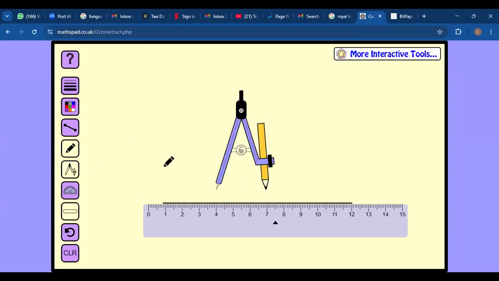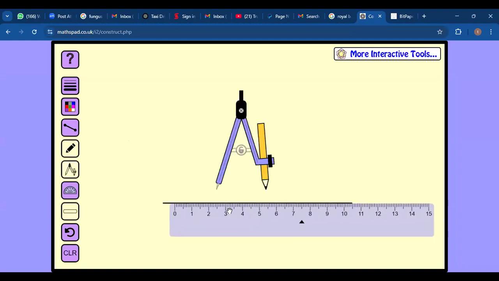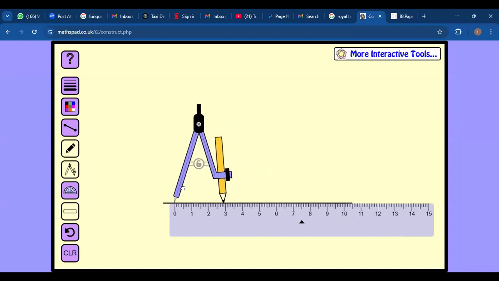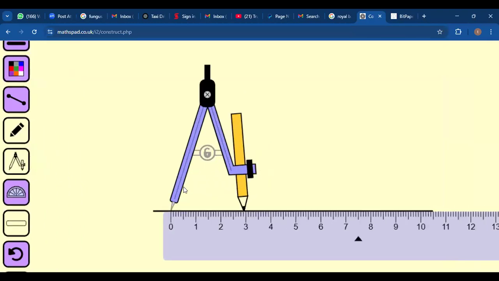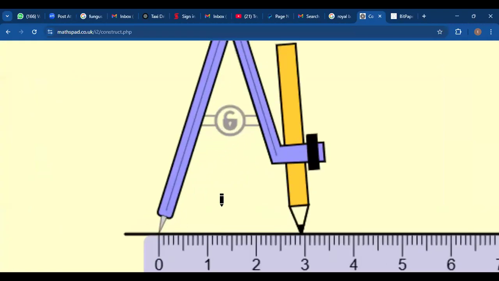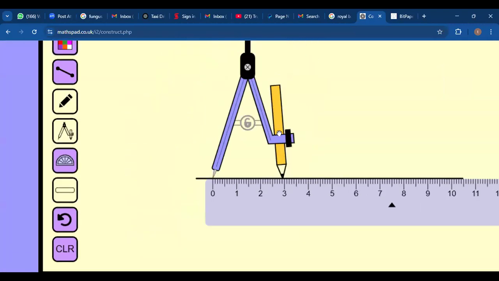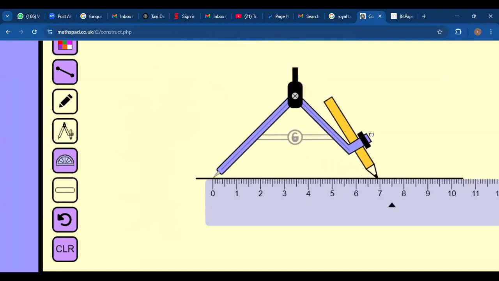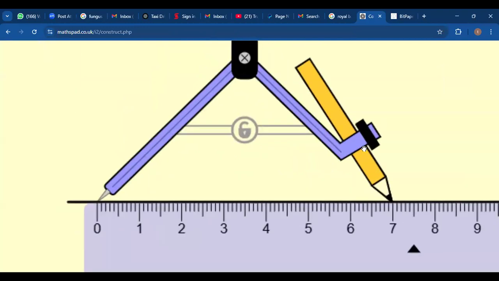We go to 0 here, and then it has to go all the way to 7 centimeters.